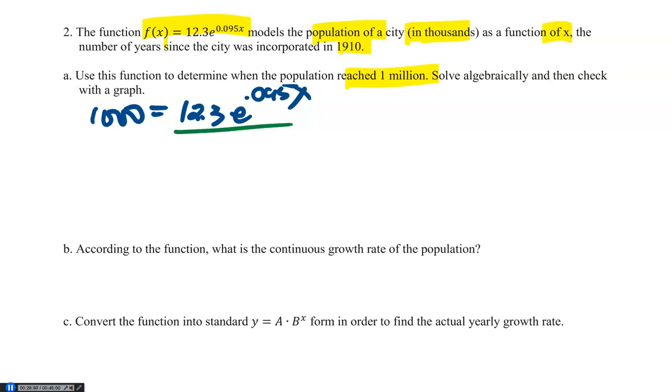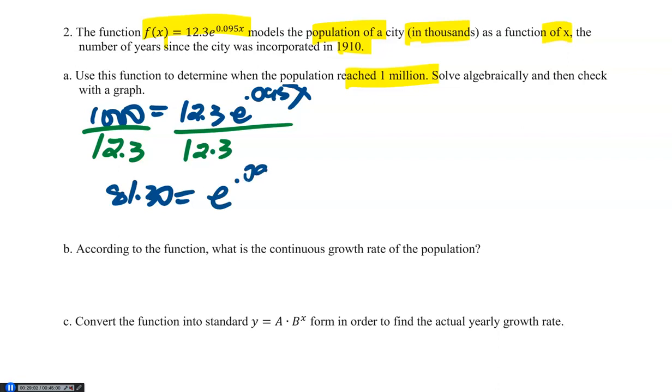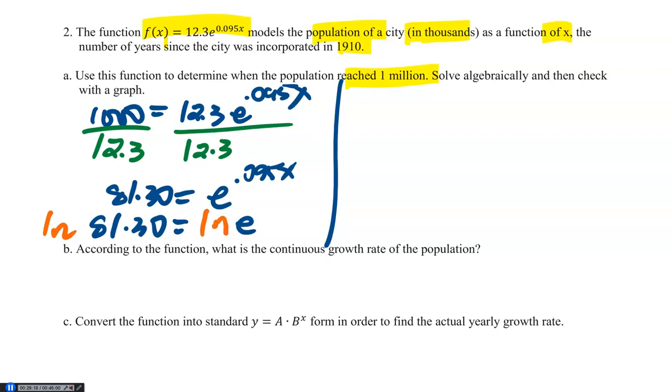We divide first by 12.3. 1,000 over 12.3 is 81.30 equals e raised to 0.095x, and then remember ln both sides, so that it is ln of 81.30 equals ln e to the power of 0.095x, which is now equal to 0.095x.